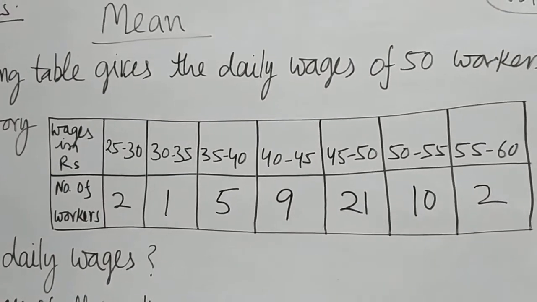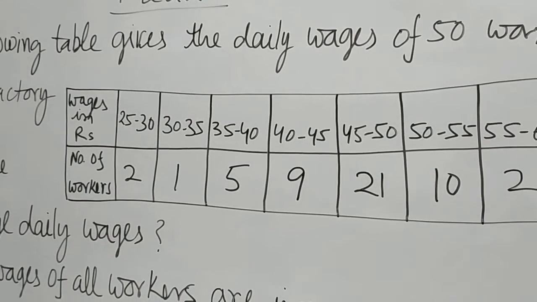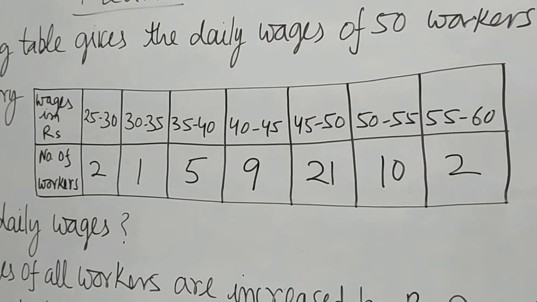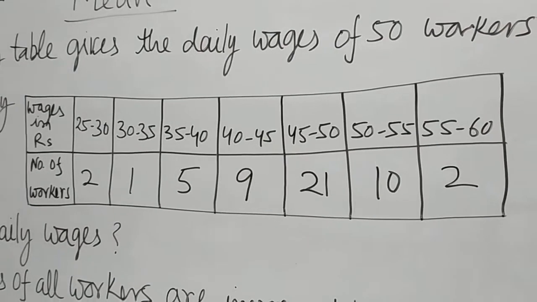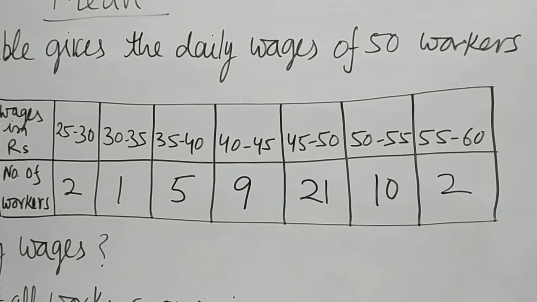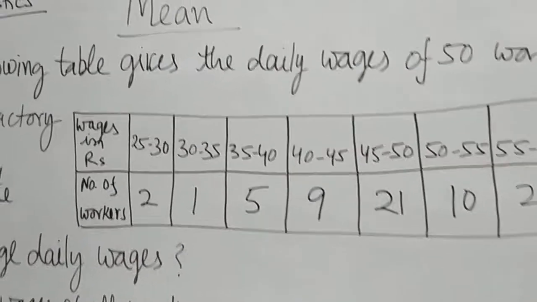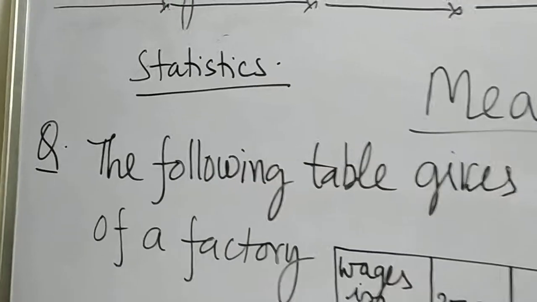Or in this table form you can do this. When data is very large, there are so many laborers, then how can you derive any result? Then we take the help of statistics.